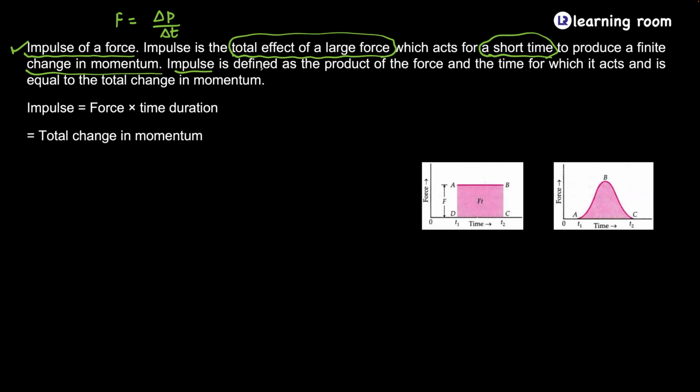So how is impulse mathematically defined? It is defined as the product of force and the time for which it acts on that object, and is equal to the total change in momentum. That's what the definition says. The simplest definition is that impulse is the product of the large force that you apply and the shorter duration, so F into T is impulse.